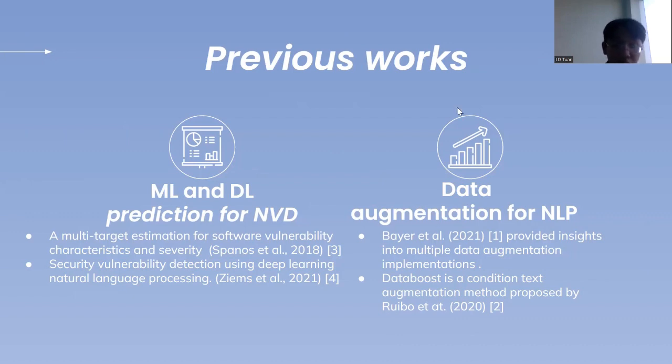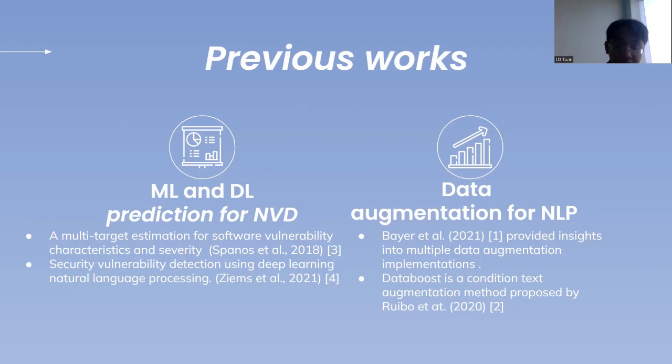Another paper, by Zhang, takes a different approach on the NVD database, using C code as input to predict the CVSS metrics with deep learning natural language processing models.